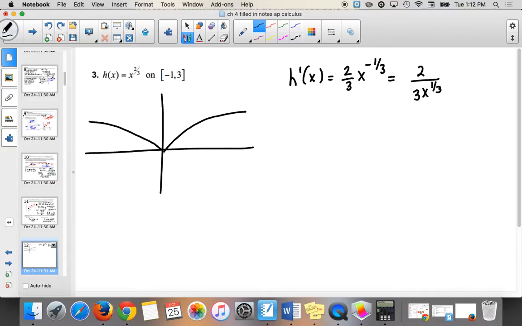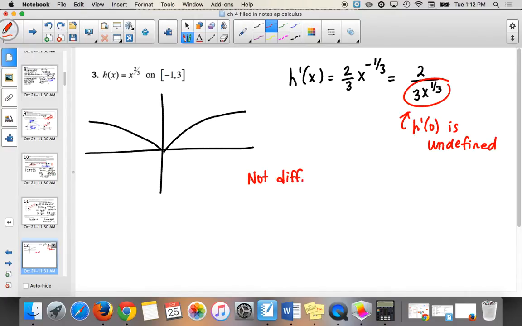You can't have 0 in the denominator, right? So h prime of 0 is undefined. So it's not differentiable at x equals 0. Mathematical spelling bee, differentiable. Can you guys do it?